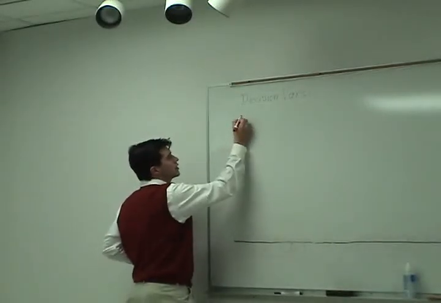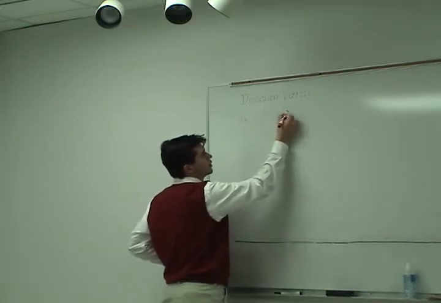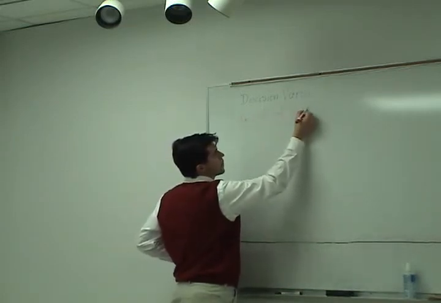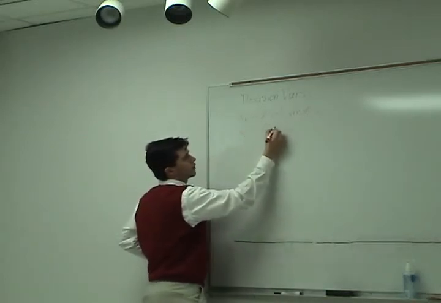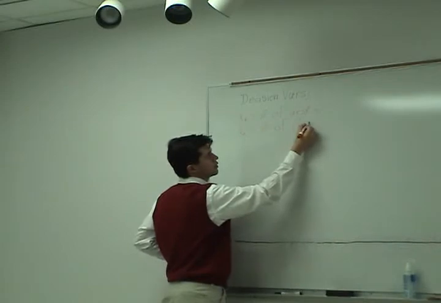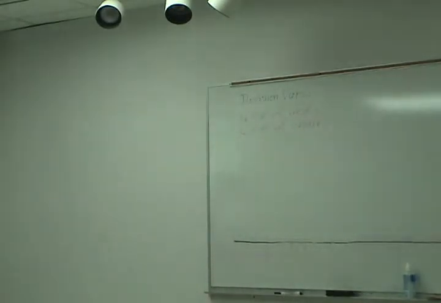So we're going to call that X1. So this would be our number of desks. Then for X2, our number of chairs. Yeah, we're just following the order that we have there.